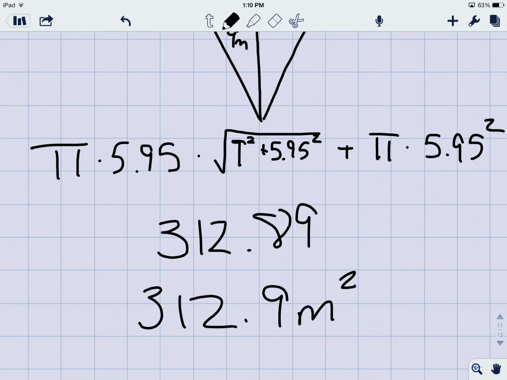How did I get 313.1? Probably because you rounded along the way, or you may have used 3.14 instead of the pi button. You don't want to round at all until the very end.